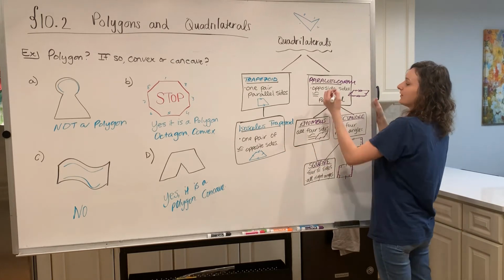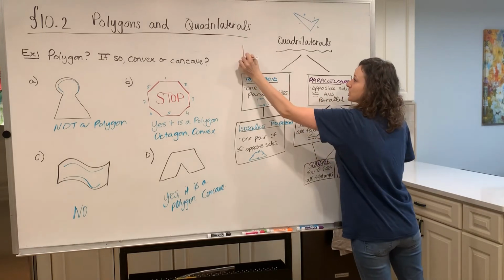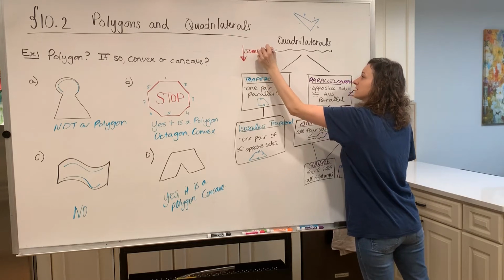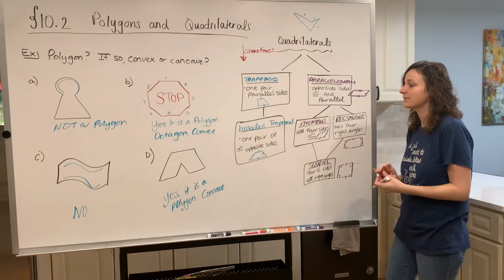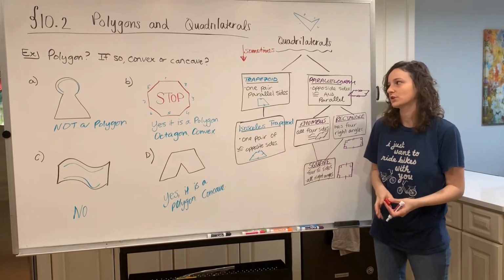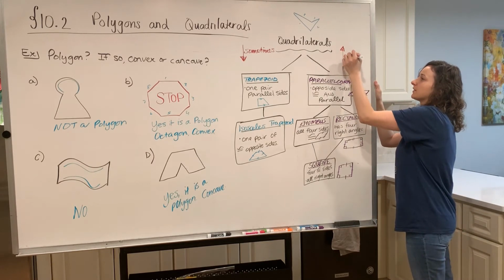So as you move down the chart, where should we put this here? As you move down the chart, they are sometimes the same. And they're only the same if they satisfy those additional requirements that we need to move down the chart.